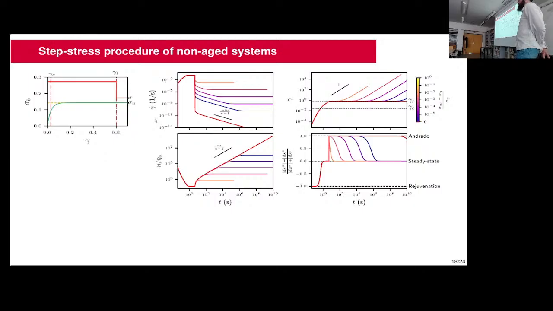And these don't depend on tau A and tau B? It depends on tau A and tau B, but not the scaling. So the time at which you will start observing creep or not depends, and the time it takes to reach steady state liquid depends on tau A and tau B, but not the scalings themselves.